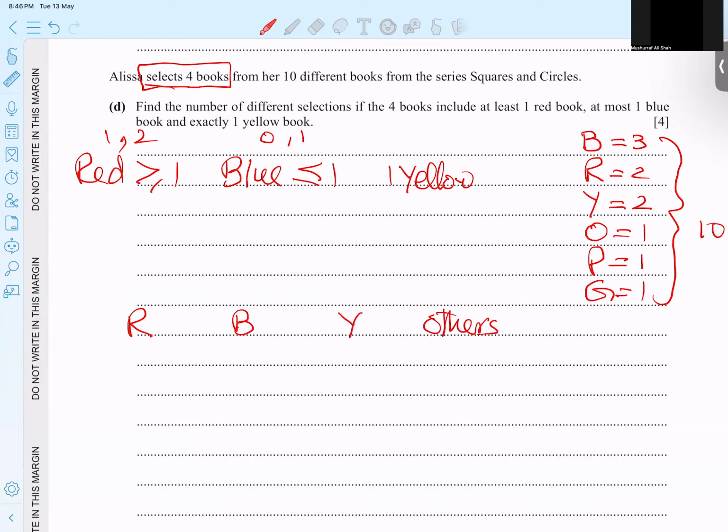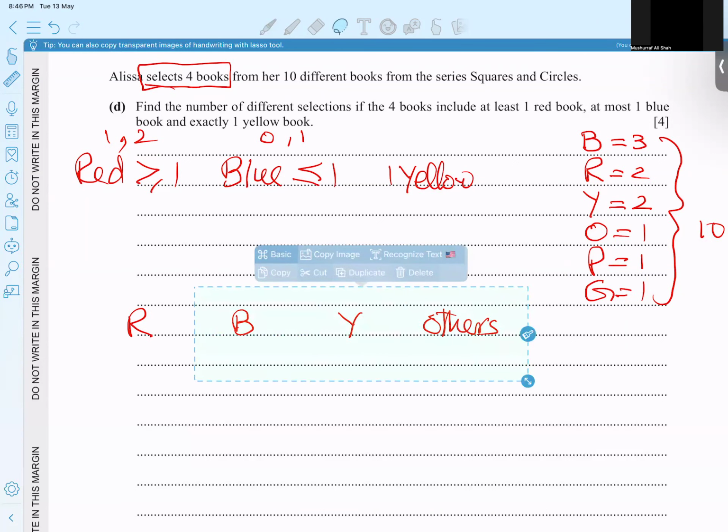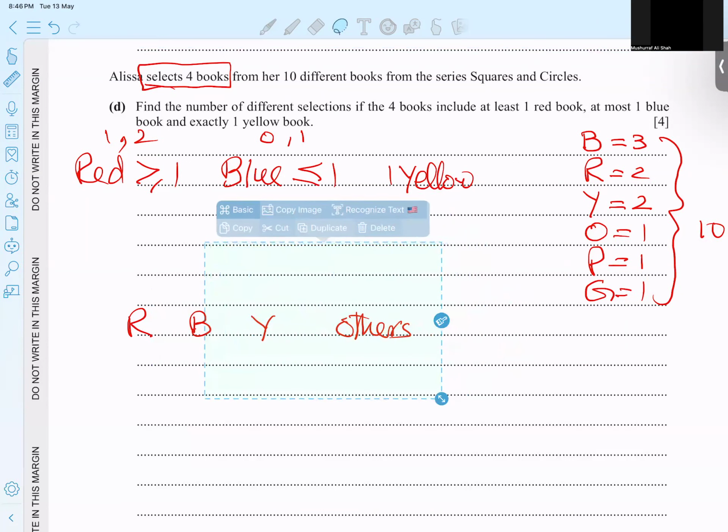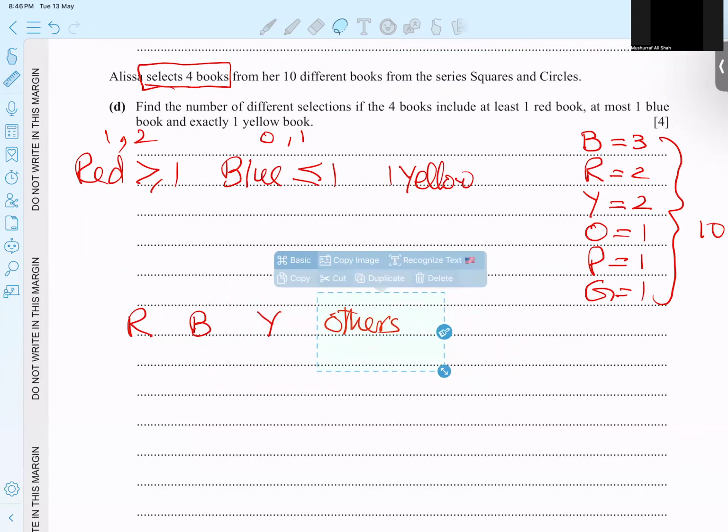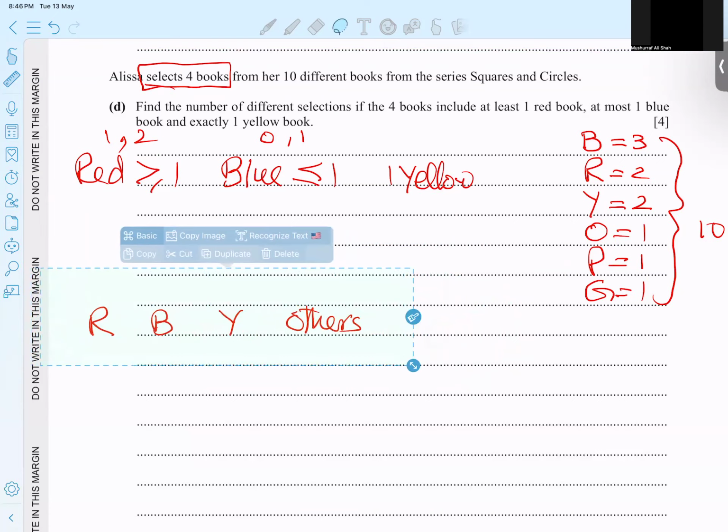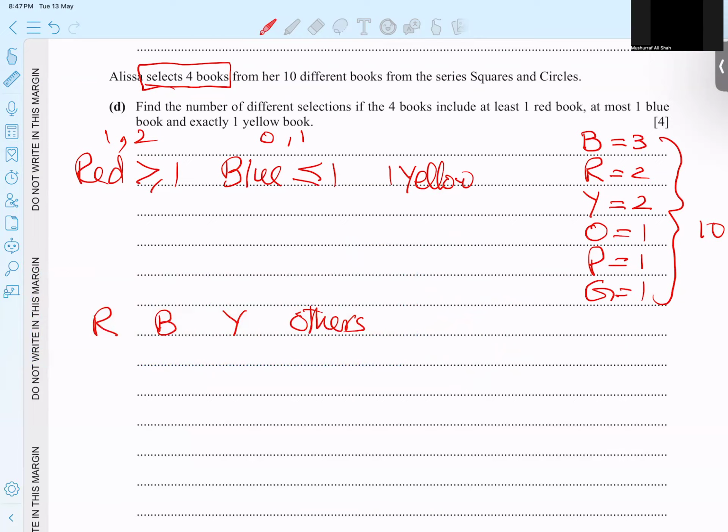How many reds do we have? Let's discuss one by one. I hope you will understand. This is a little bit difficult part, but I try my best to help you, inshallah. Red. When you take one red, and one. Okay, let's start with the highest number and then take the lowest number. 1, 0. Yellow, we need 1.